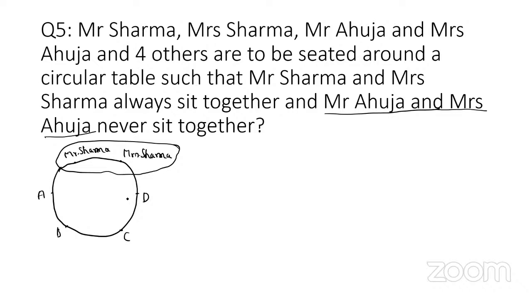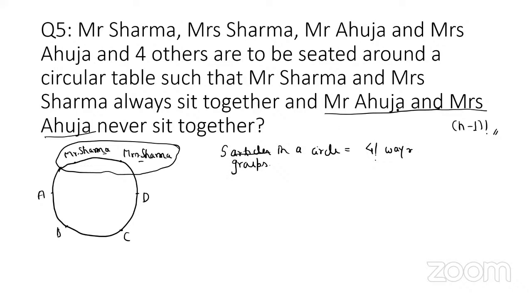So there are 5 articles in a circle. If there are 5 articles in a circle, or any closed geometry, we can arrange them in factorial 4 ways, because the formula is what? Factorial n minus 1. I'm sure everyone knows this basic formula, right? So first of all, if we arrange these 5 people or articles or groups, whatever you call it, in the circle, we can say it can be arranged in factorial 4 ways. The very first thing, right?